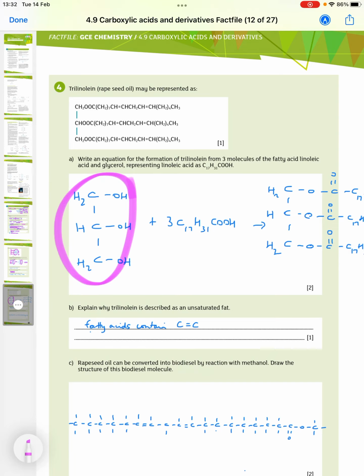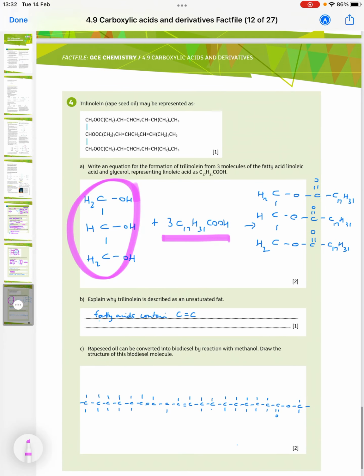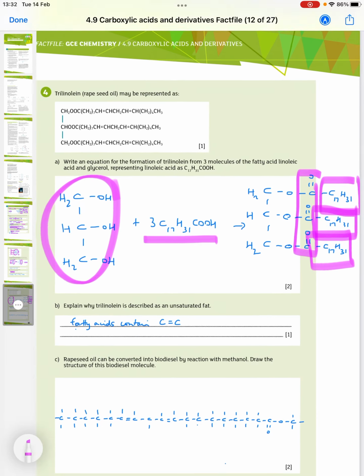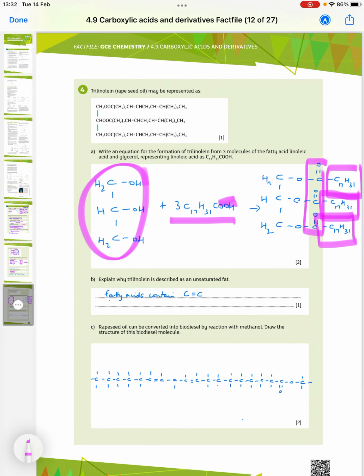So here is our glycerol, and then 3 of these linoleic acid molecules, and then we're just putting them in here. We've got the C17H31 attached. Oh, and the C double bond O from the acid is this end of the molecule that attaches.